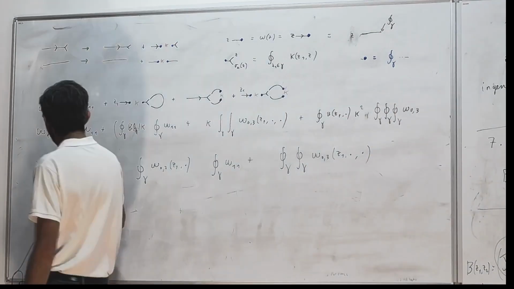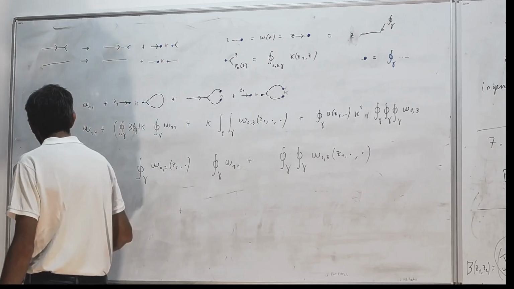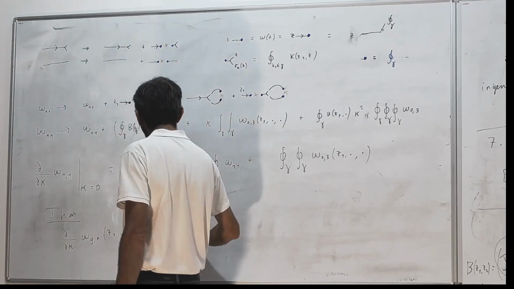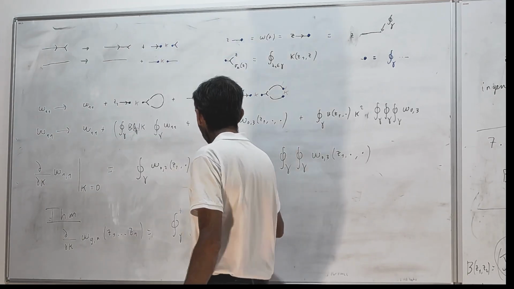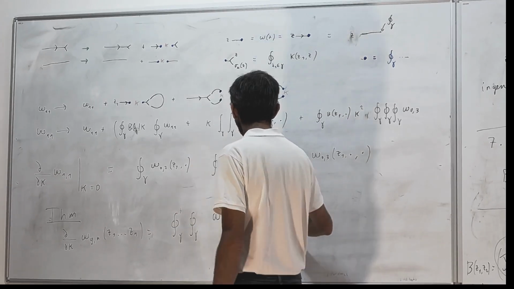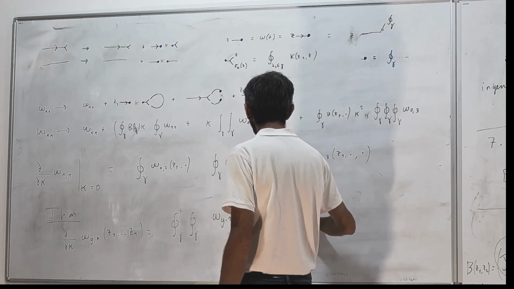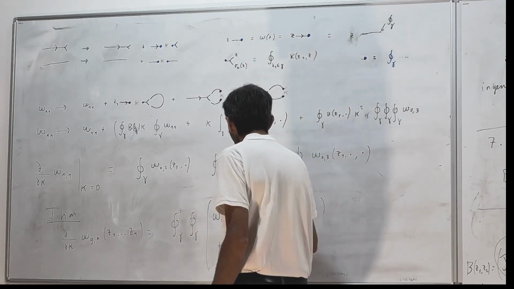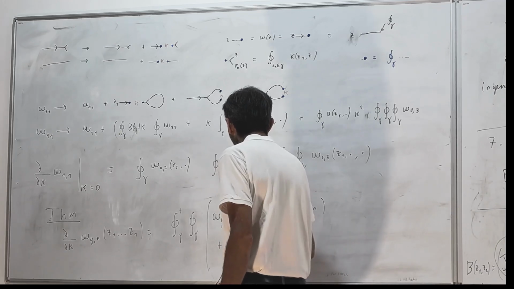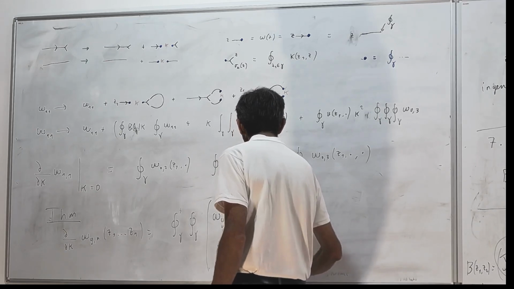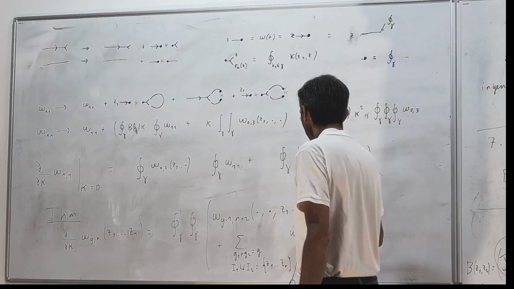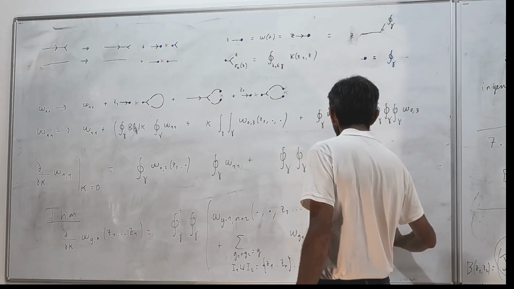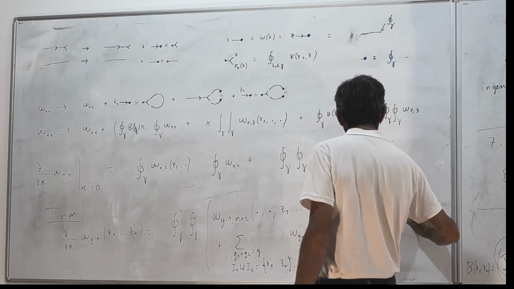And then the general theorem is the following. D over d kappa of omega g n of Z1 Zn equals integral over gamma omega g minus 1 n plus 2 of these are the two variables that are integrated, plus sum over G1 plus G2 equals G, and I1, I2 equals Z1, Zn, omega G1, 1 plus I1, the first variable I1, omega G2, 1 plus I2, the second variable I2.